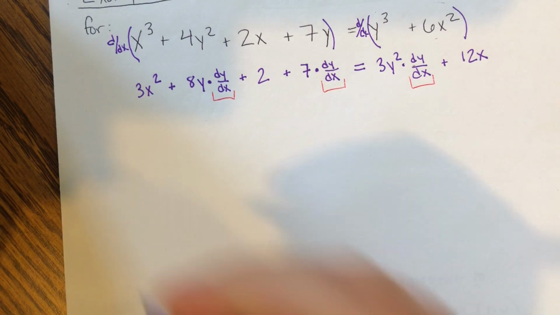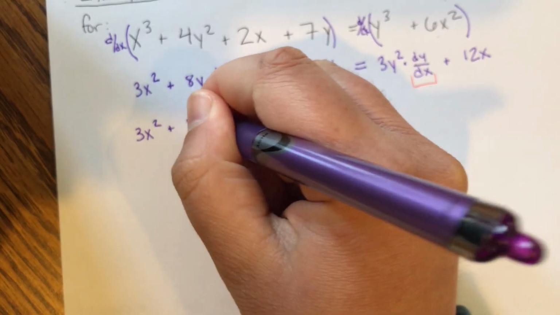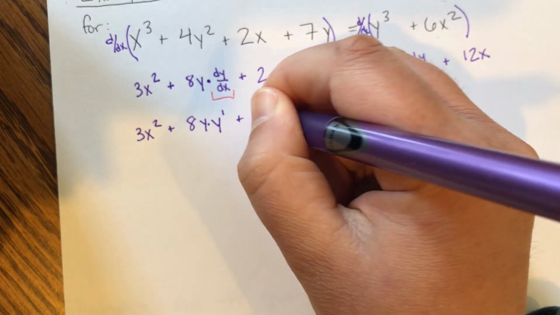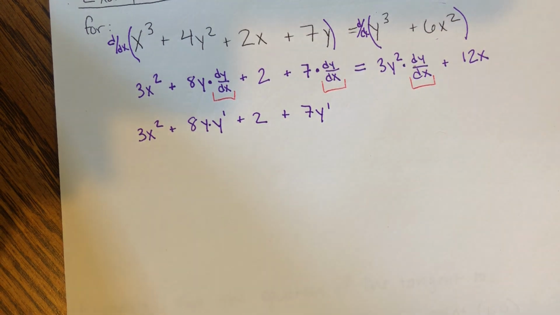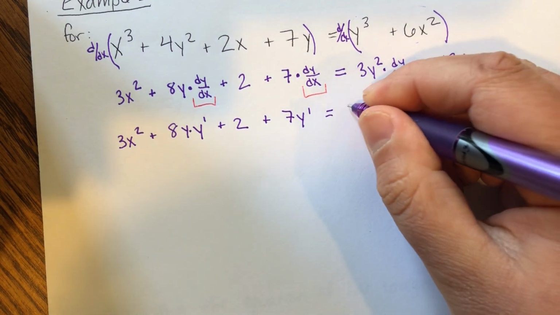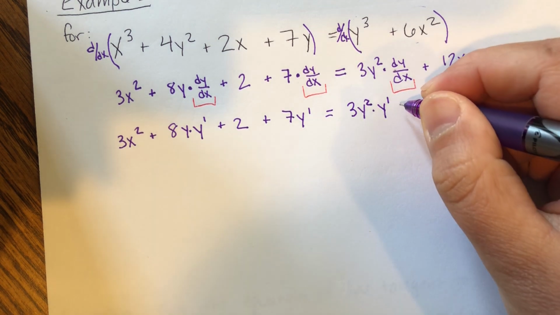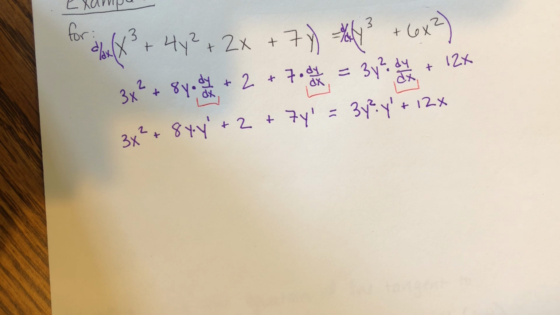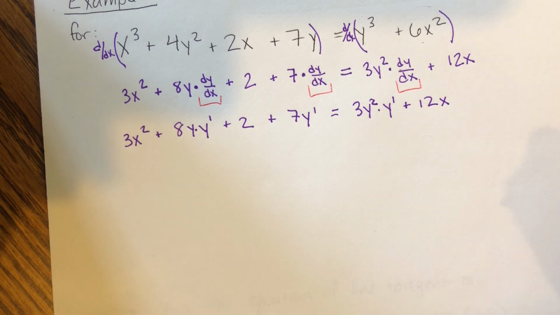I'm going to rewrite this whole thing as 3x squared plus 8y times y prime plus 2 plus 7y prime is equal to 3y squared times y prime plus 12x. You don't have to do that. I just prefer the y primes to the dy dx's, and in the future, that's how I'll write it instead of writing dy dx every time.